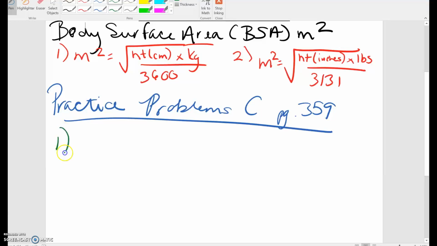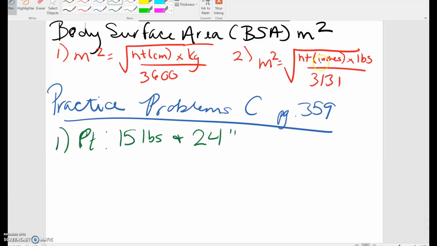So looking at number 1, it says that a child weighs, so I'm going to pull out this patient's info. They weigh 15 pounds and are 24 inches tall. So out of the 2 formulas that I've given you for body surface area, are you going to use formula 1 or formula 2? Now, I'm going to be honest.